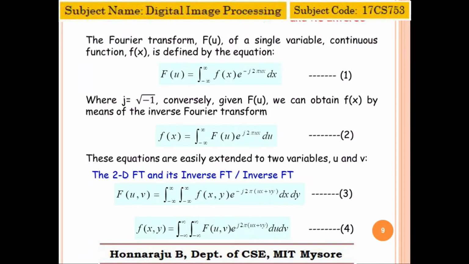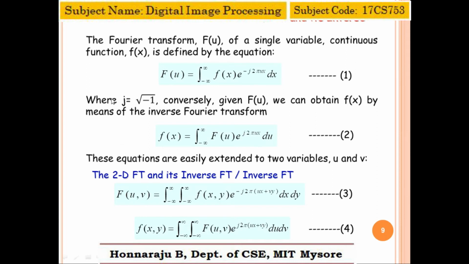So in images, we perform the Fourier transform in either one dimension or two dimensions. Before processing the image in the frequency domain, we first need to transform the image f of x comma y into the frequency domain. We can use either 1D or 2D transformation.